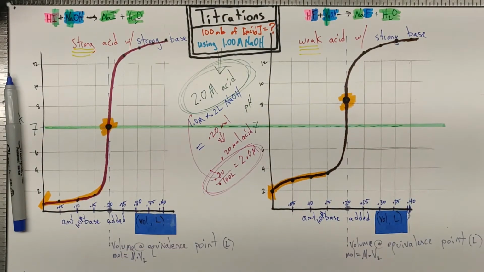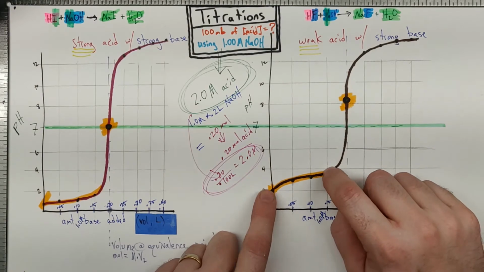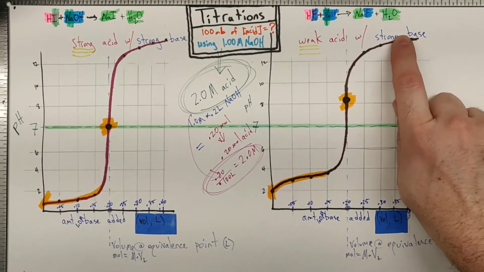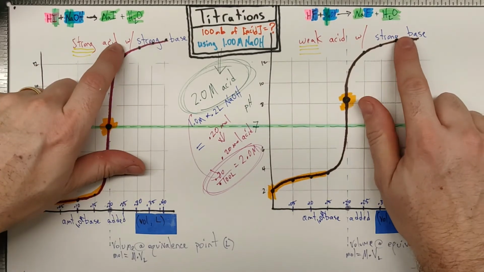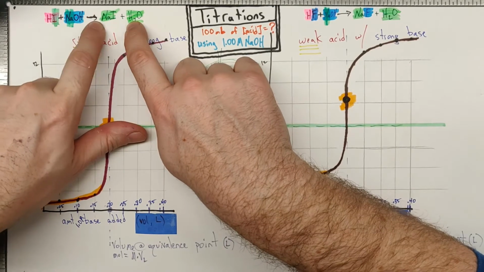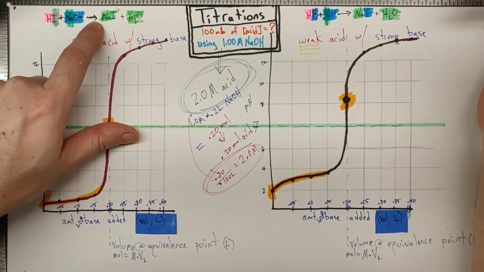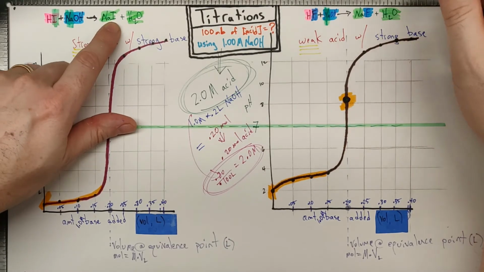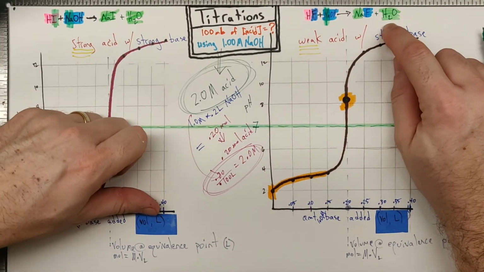Now let's look at these pictures, and we'll talk about why the pHs are what they are. I set up these equations in advance, and they kind of look like a mess, but they actually make sense if you squint for a bit. Green we're using as neutral, so NaI, sodium ions, conjugate of a strong base, those are going to be neutral. Iodide, conjugate of a strong acid, those are neutral. Water, neutral. Water, neutral.